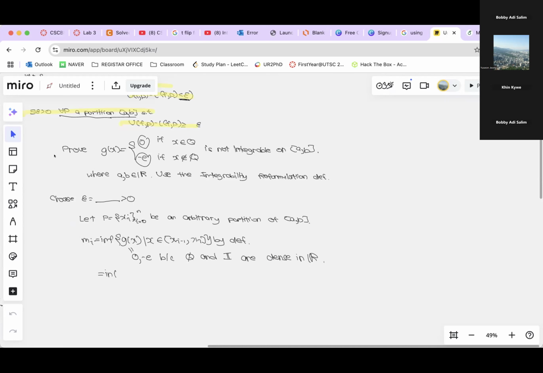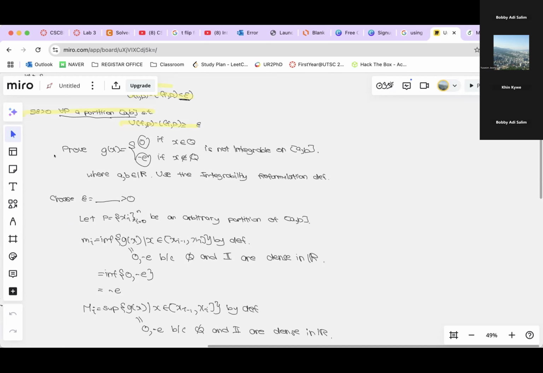So we have the infimum of 0 and negative E. We need to get a smaller value, which is obviously negative E, and the big Mi this time, which is going to be the supremum of G of X, such that X is an element of [Xi minus 1, Xi], by definition. So we have 0 and negative E because rational and irrational are dense in the reals. So we look back.